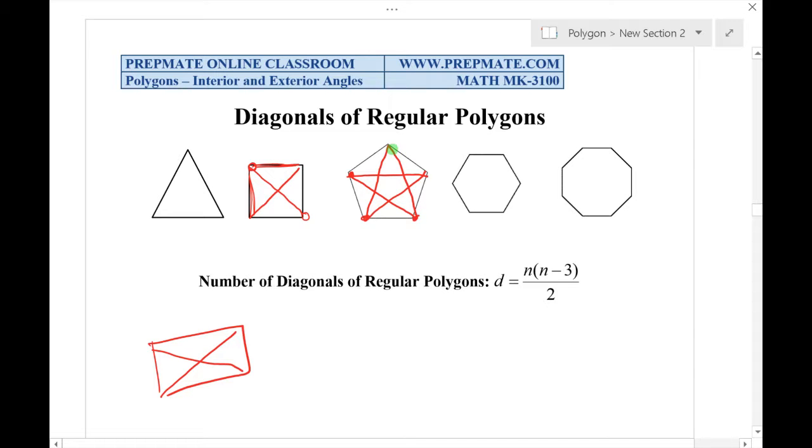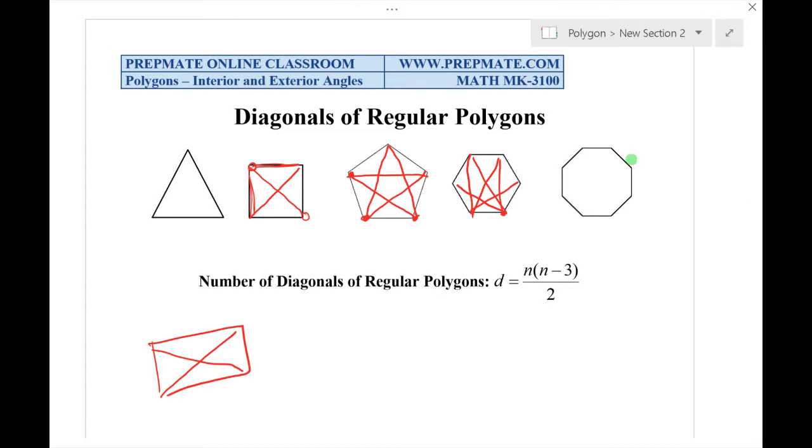Okay, let's take the hexagon. So you can draw diagonals like this and go to the next edge and draw more diagonals like this, and so on. You see that? So as the shape becomes more multi-sided, there are going to be more diagonals.